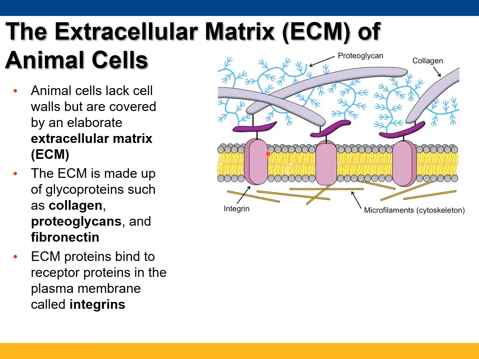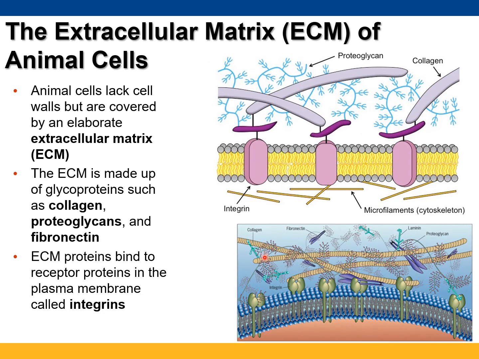But if those receptors are stimulated, they will send signals to effectors in the cell to say, hey, don't undergo apoptosis, survive. And so integrins are important protein receptors that help the cell identify that it's in its right place and it's adjacent to extracellular matrix.